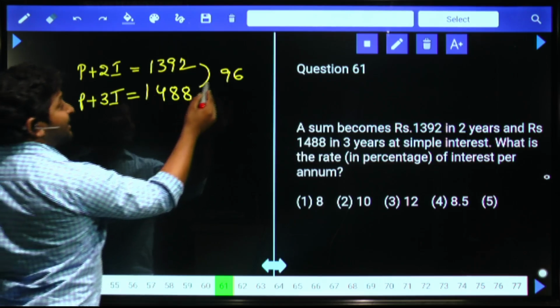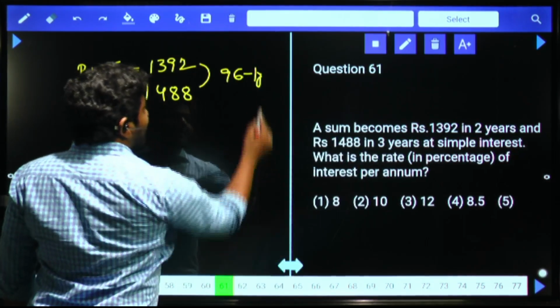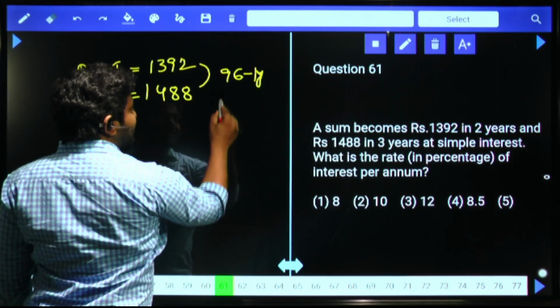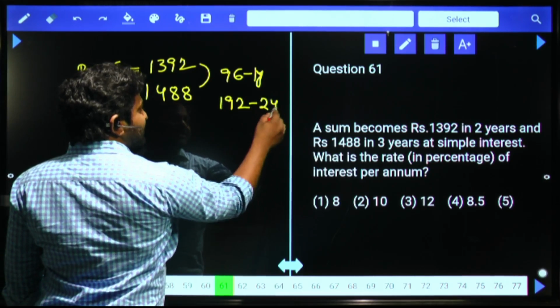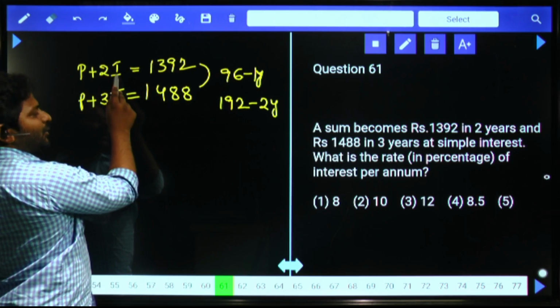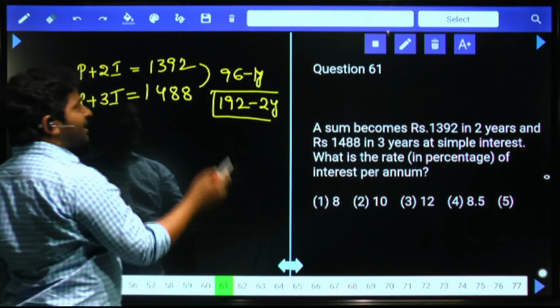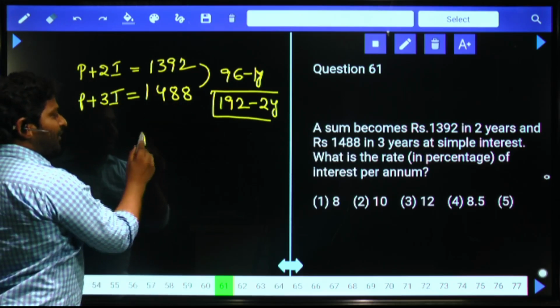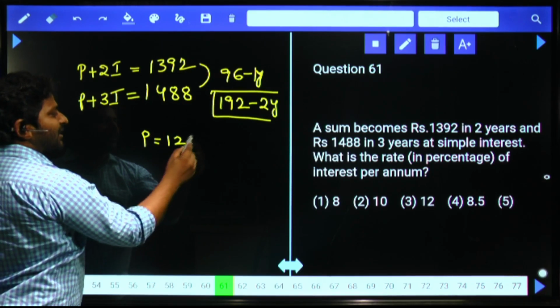Then 2 years interest, this is for 1 year. Now if you calculate it for 2 years, that will be equal to 192. This is 2 years interest. You already know that 1392 will have principal and 2 years interest, where 2 years interest is equal to 192. If you subtract that, you will get principal, 1392 minus 192, that is 1200.